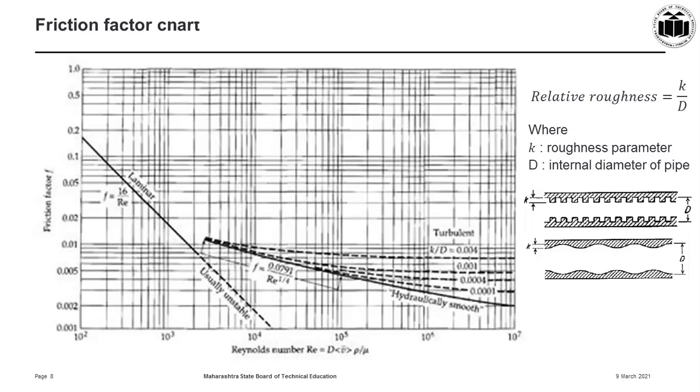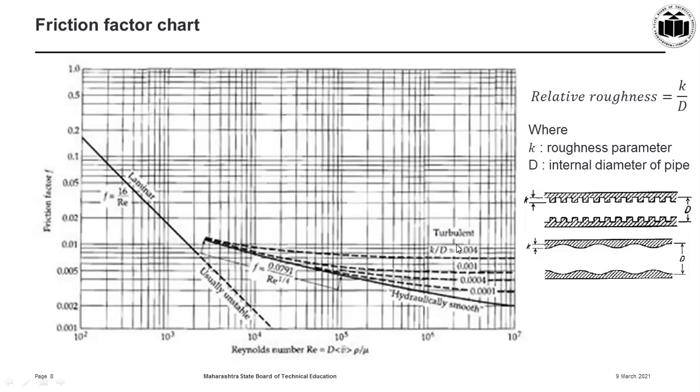For Reynolds numbers in the turbulent flow region, you will find over the friction factor lines some fractional values, k by D, represented in case of turbulent flow. These k by D values are known as relative roughness.